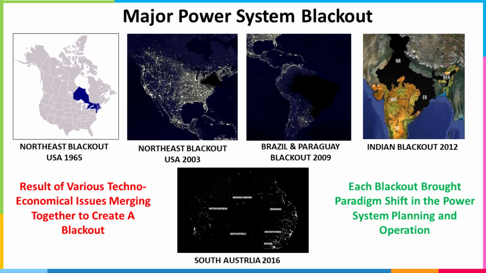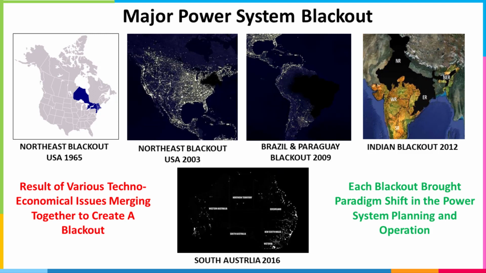You don't want your consumer to face such a situation. You don't want your system operators and generators to face it, because it impacts a lot of utilities, economically and in the supply of power, because electricity is a commodity which impacts each aspect of our day-to-day life. So that's why you don't want a blackout in the system.